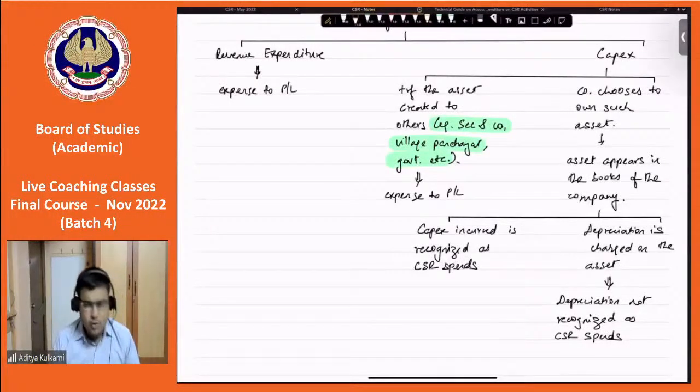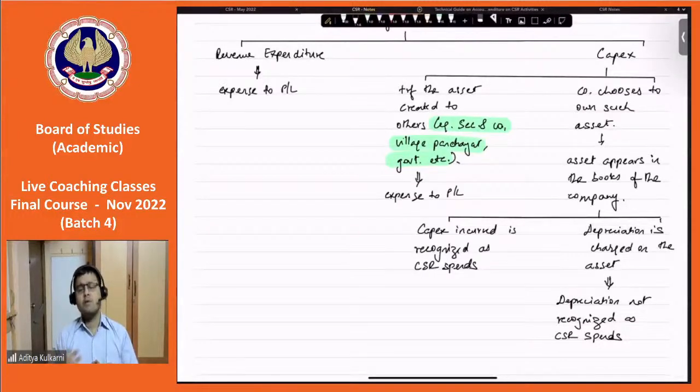And therefore, on 22nd January 2021, an amendment came into existence which said that any capital asset incurred, constructed, or acquired as a part of CSR spends should be transferred either to a trust, a society, a Section 8 company, or self-help groups, mandatorily within 180 days.